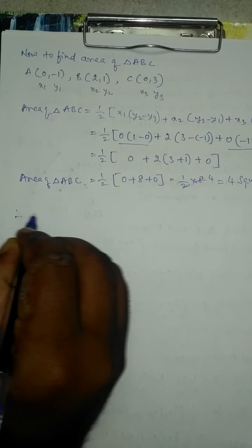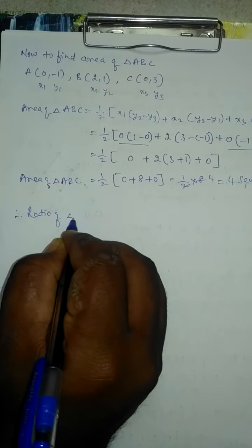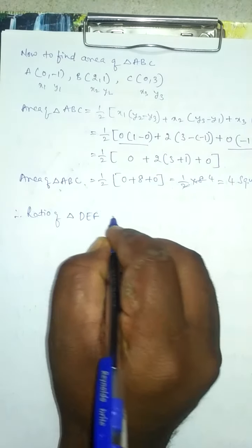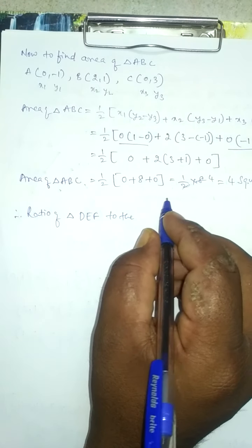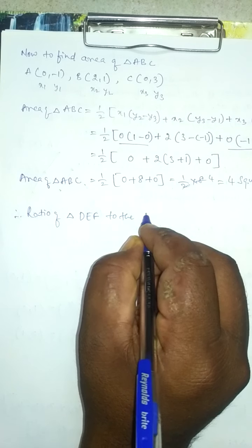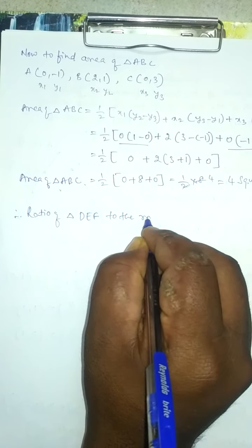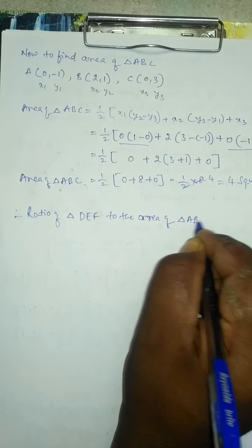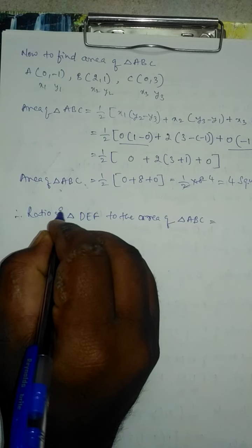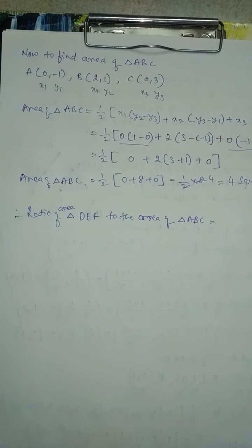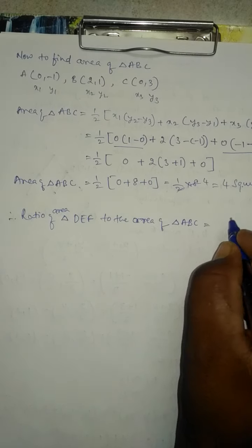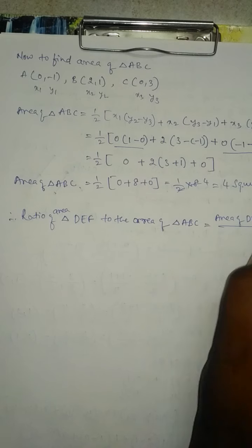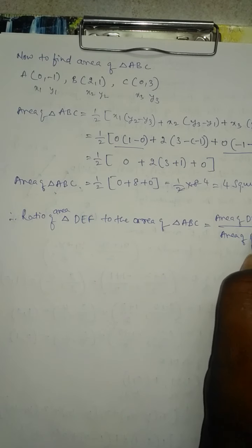So now therefore the ratio of area of triangle DEF to the area of triangle ABC is equal to area of DEF divided by area of ABC.